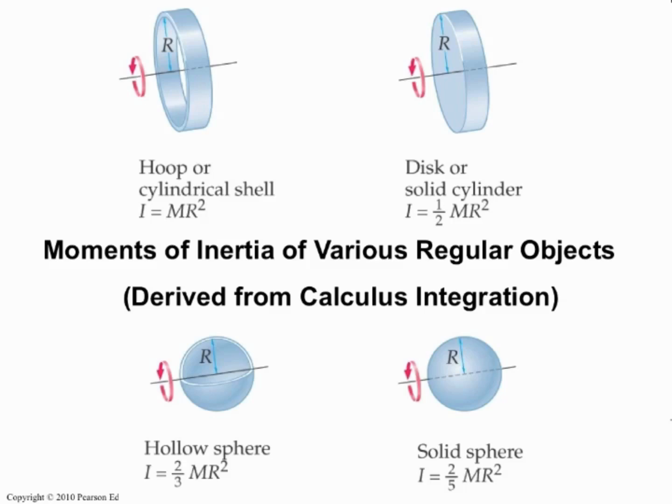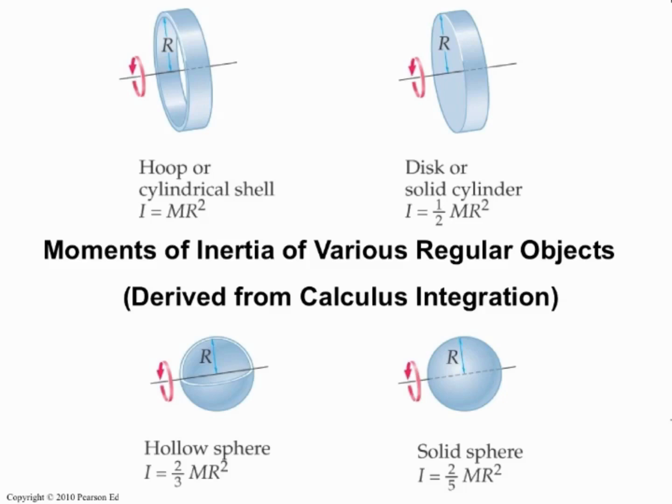There are, of course, lists of other moments of inertia for other kinds of shapes, but these are the only four that we're going to deal with for now. So you definitely want to write these down because you'll need to refer to them. You don't have to worry about memorizing them, because although I do require you to remember formulas, I consider these just table information.